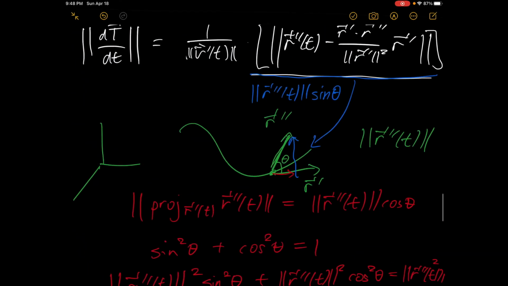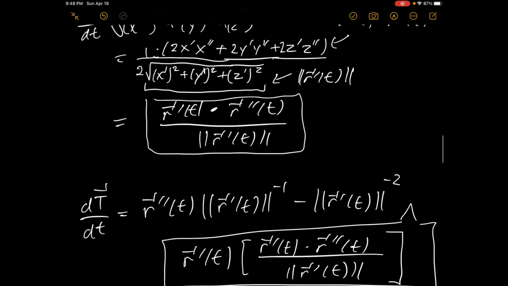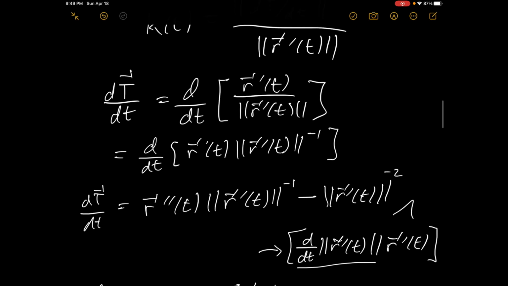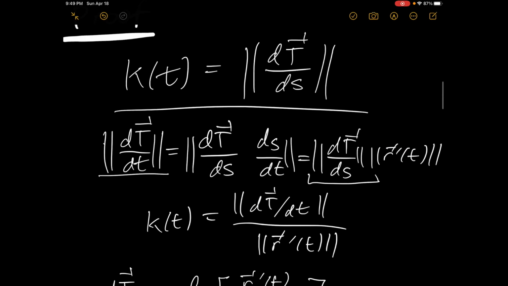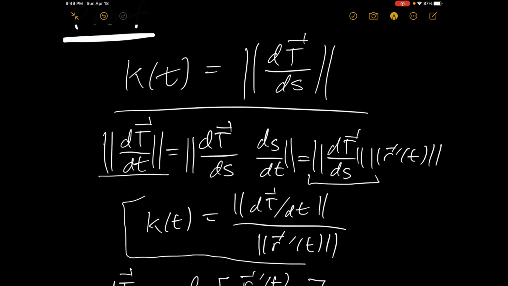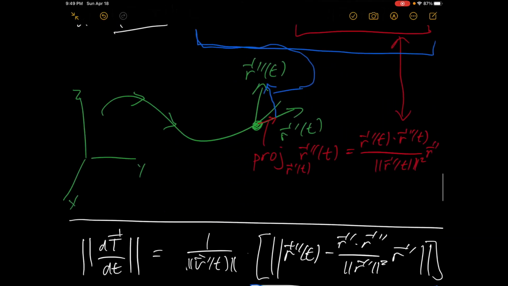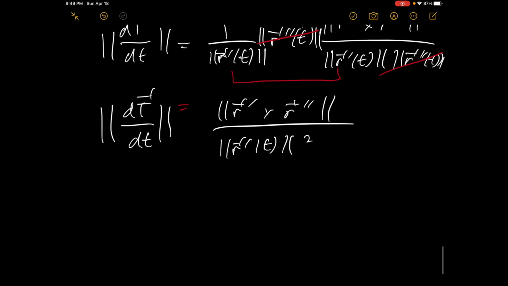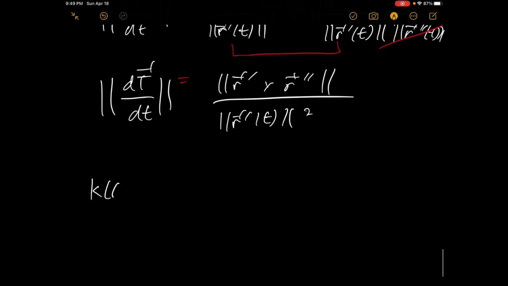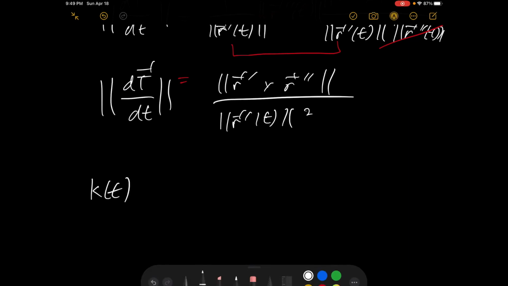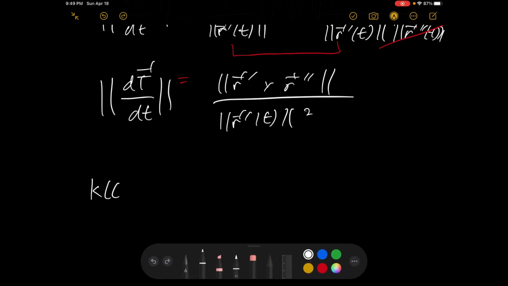And that is if we go all the way back up to here. Notice we have just found this one, and all that's left is that we just have to divide it by the speed. So then we go back, and then we get kappa. Sorry, that's a terrible looking kappa there. That is definitely not how you write that in Greek.